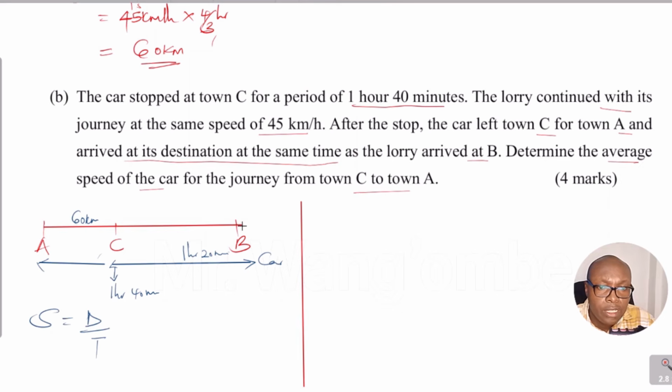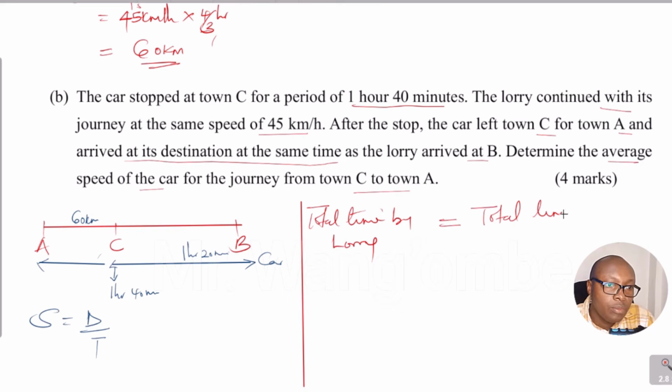So that tells us that the time taken by the lorry for the whole journey should be equivalent to the total time taken by the car. I'll write it here. Total time by the lorry for the whole journey should be equivalent to the total time by the car for the whole journey.